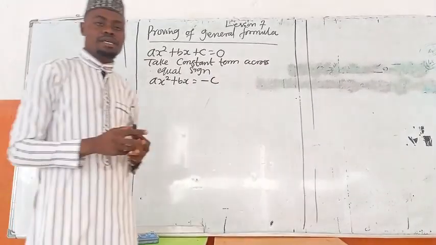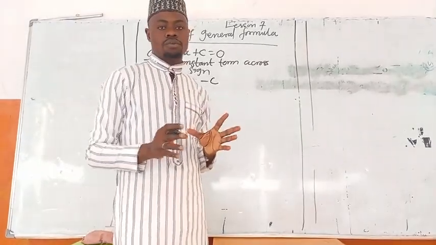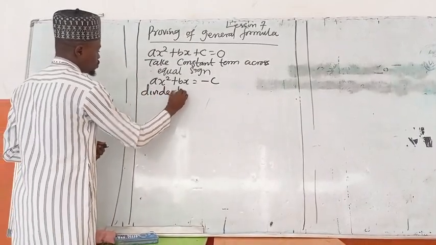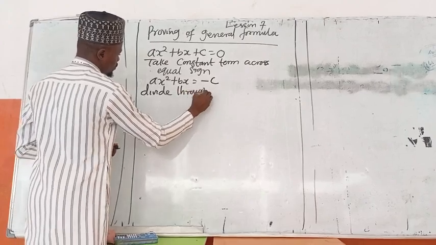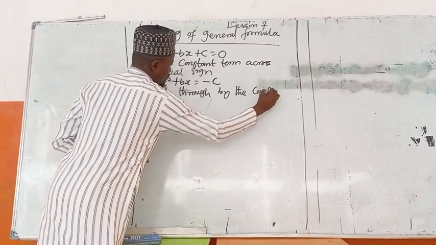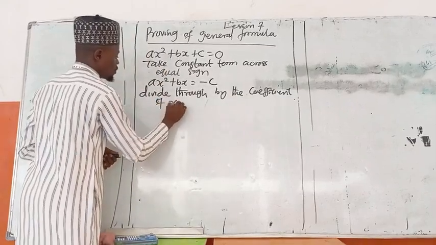Then the second step is divide both sides by the coefficient of x squared.